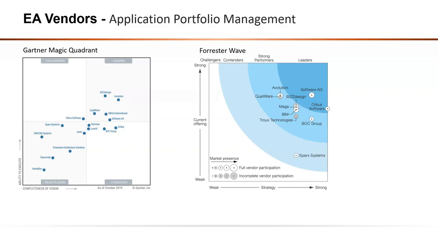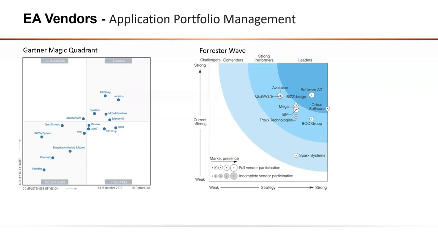And then every year they release this research report. In summary, Gartner gives you the Magic Quadrant, and you can see who the leaders are in this domain of EA application management. You can see BiZZdesign and Evolution are in the leaders quadrant. And there are challengers, visionaries, and then niche players.